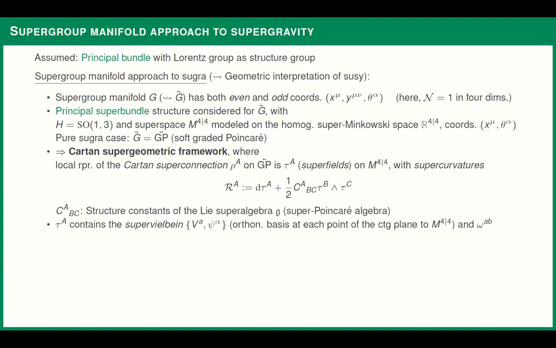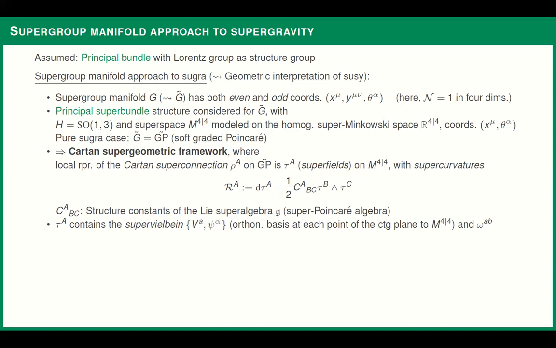We have a supergroup manifold G, which will be softened, so a soft supergroup manifold. But in this case we have both even and odd coordinates: x and y are the usual bosonic coordinates, y just denotes the Lorentz coordinate, and theta are the odd coordinates. Here we are just considering N equals 1 for simplicity, in four dimensions.